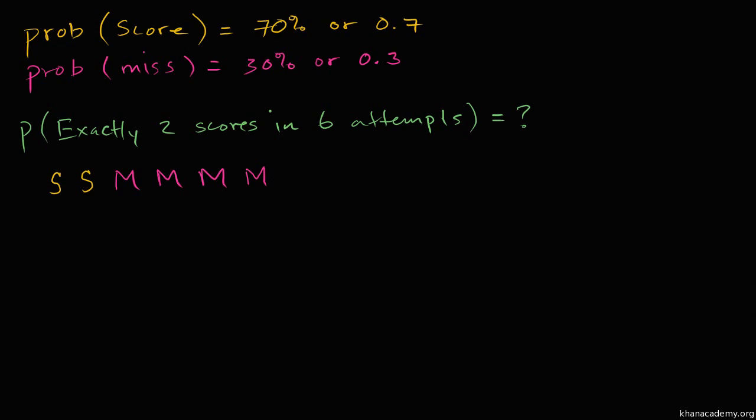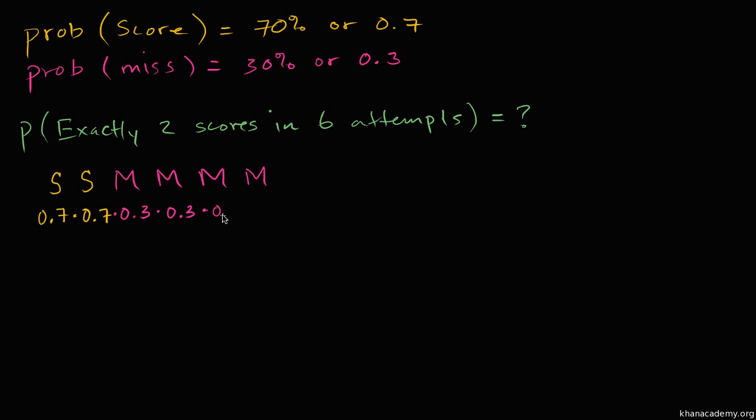Well, you have a 0.7 chance of scoring on the first one. Then you have a 0.7 chance of scoring on the second one. And then you have a 0.3 chance of missing the next 4. So the probability of this exact circumstance is going to be what I'm writing down. And hopefully you don't get the multiplication symbols confused with the decimals.